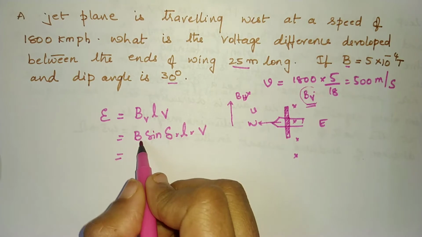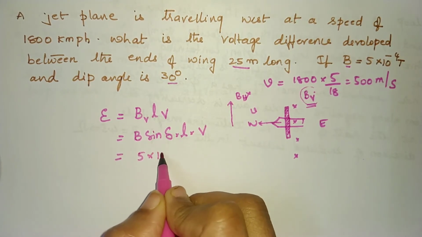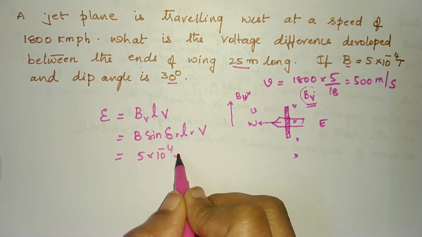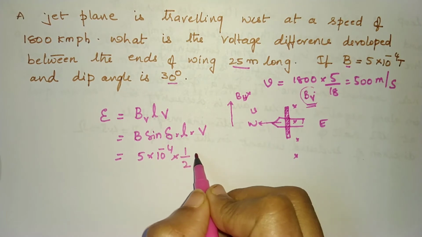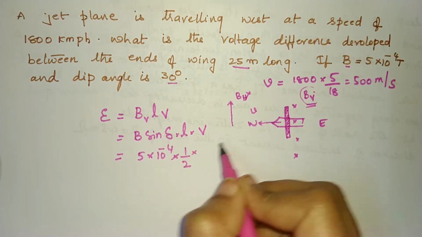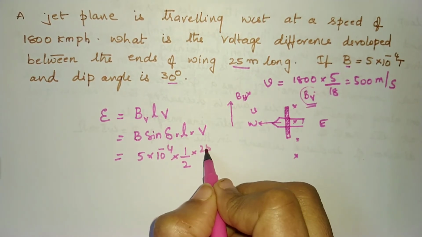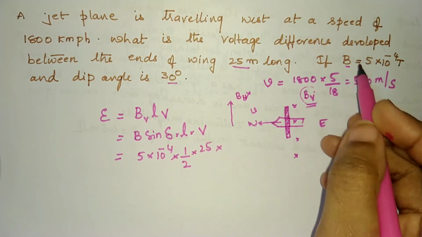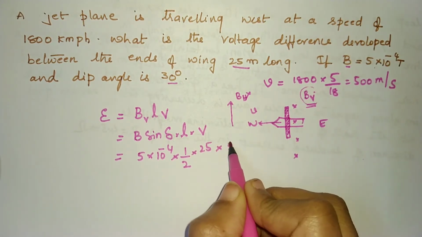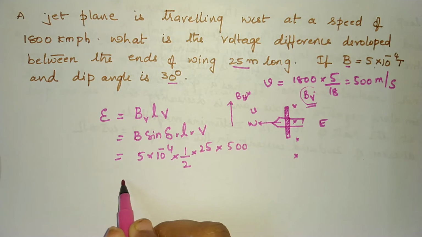Multiply all the values. B is 5 into 10 power minus 4. Sine 30 half. Length of the conductor is given as 25 meter and speed 500. Okay, so simplify this.